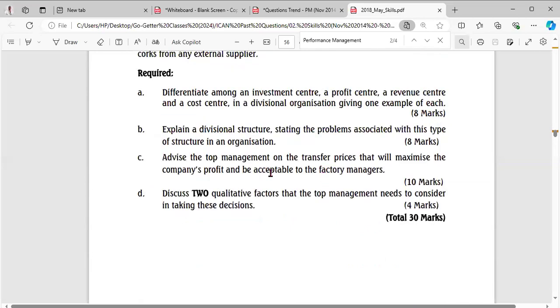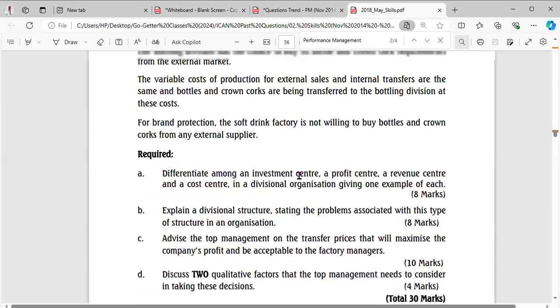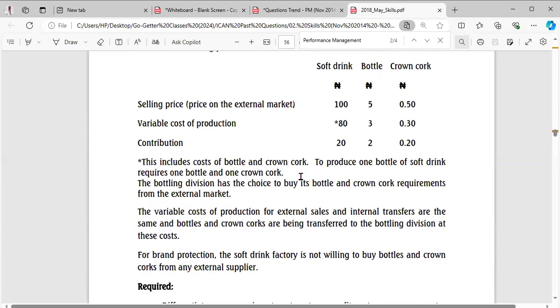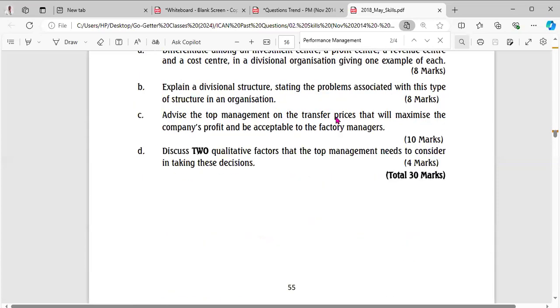I'll come back to this question because it is talking about divisional performance. We will do this particular question when we've done divisional performance. So permit me not to do this one now.